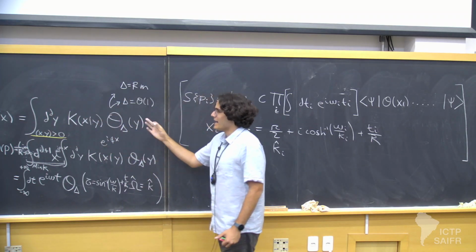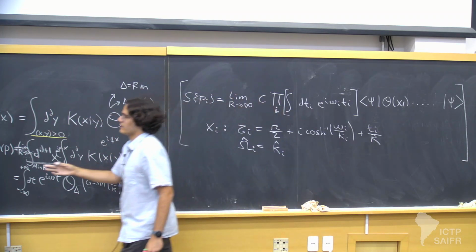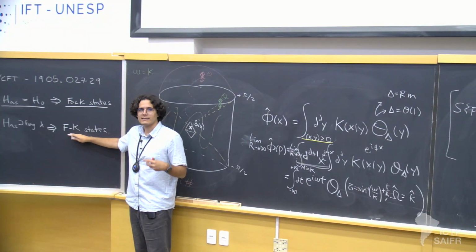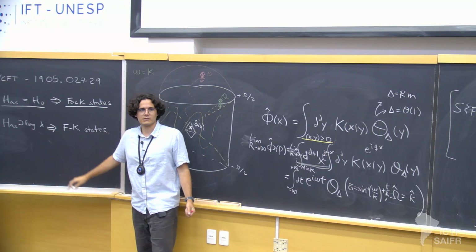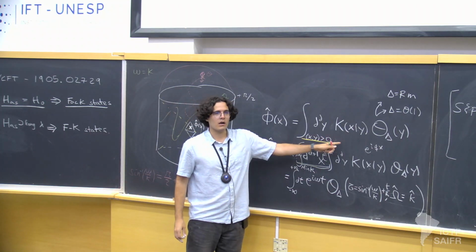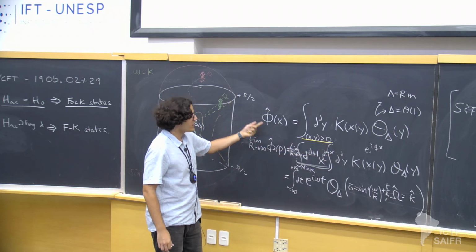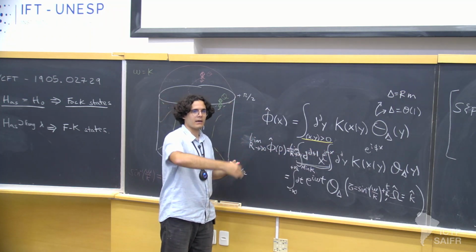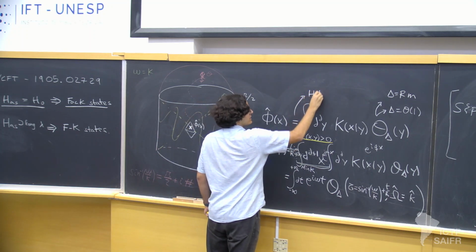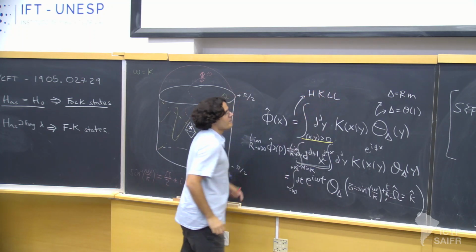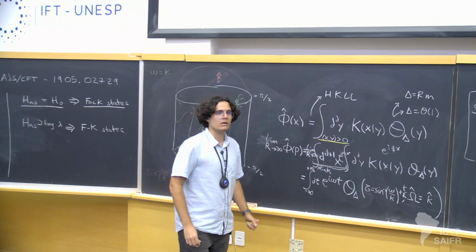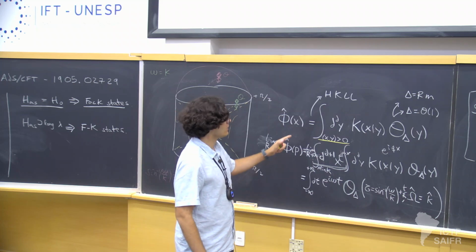Imagine that I wanted to create some scattering amplitude that instead takes Faddeev-Kulish states. Then what I would have to do is use the appropriate formula here for a field that is interacting. But this is actually known. The people in HKLL, or a subset of them, have papers telling you how you can reconstruct these fields at the boundary.